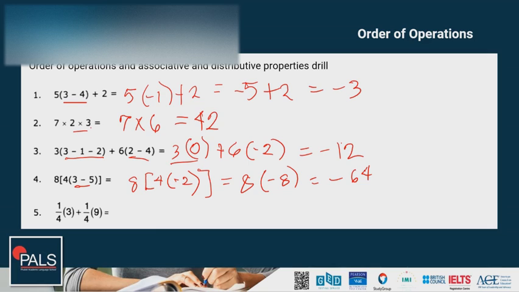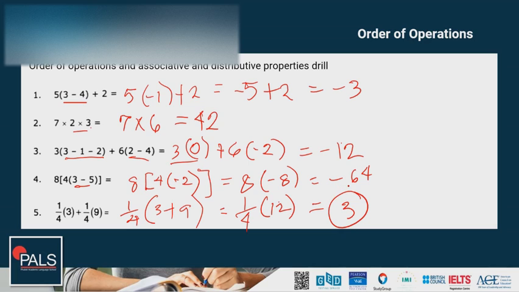And this one is in distributive form, so we can change it back into factored form. So factored format, 1/4 times 3 plus 9. So 1/4 times 3 plus 9 is 12. And it's easy to find the quarter of 12. So the quarter of 12 is 3. So the answer is 3.